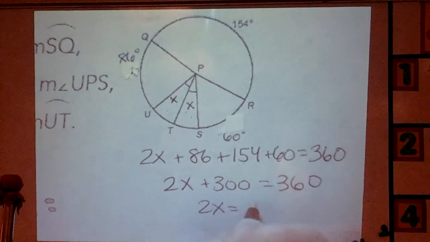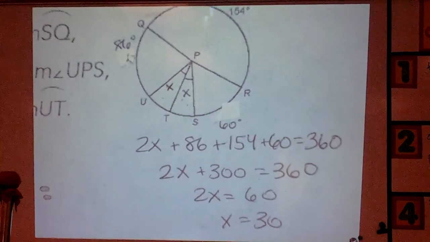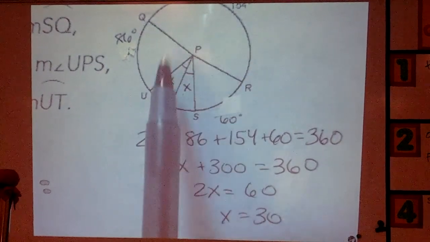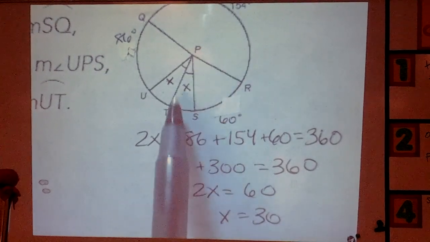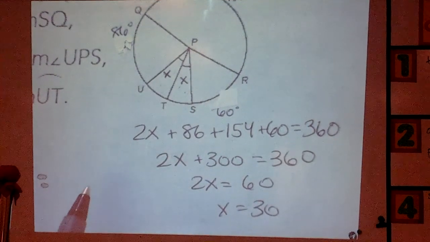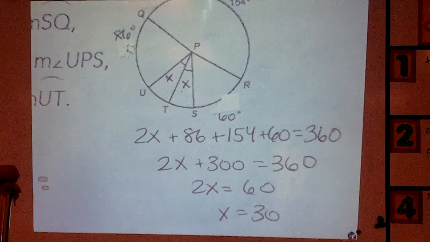And I'm just going to solve my lovely equation, x equals 30. Okay, so that means that angle TPU and angle SPT are both 30 degrees. Cool. Now I can actually answer all my questions.